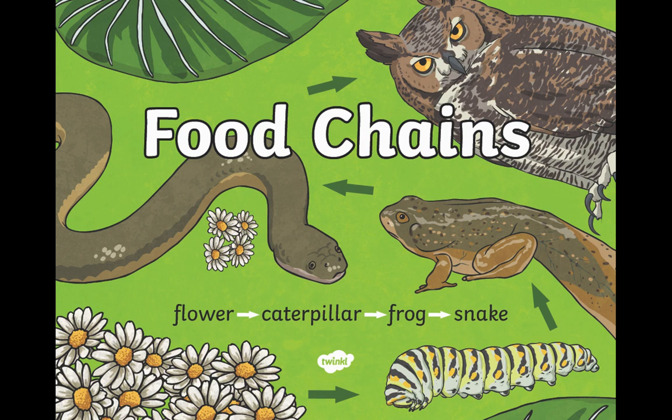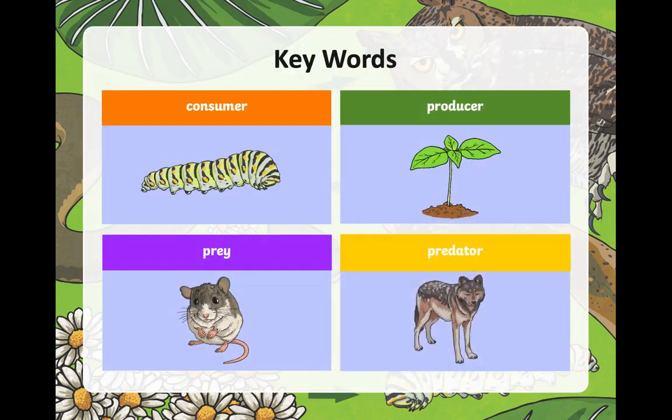Now, we want to categorize this chain that I just explained in categories: a consumer, a producer, and you can also say prey and a predator. We're going to be talking about each category in a bit, but obviously a producer is always a plant, okay?